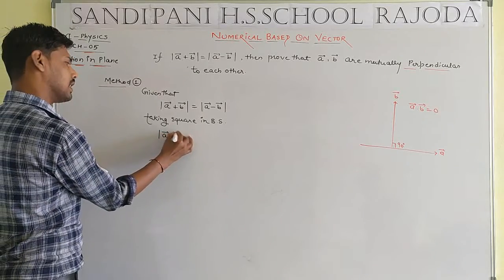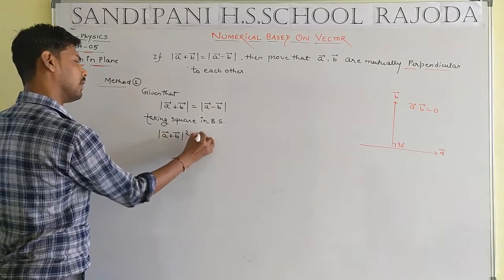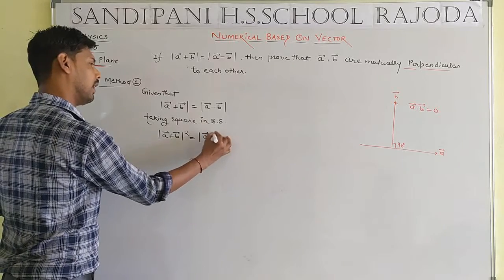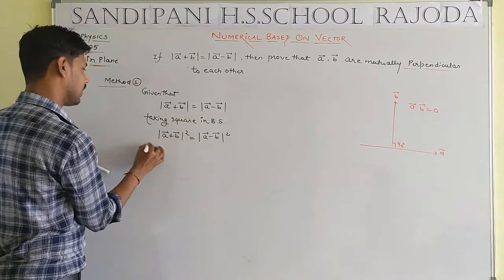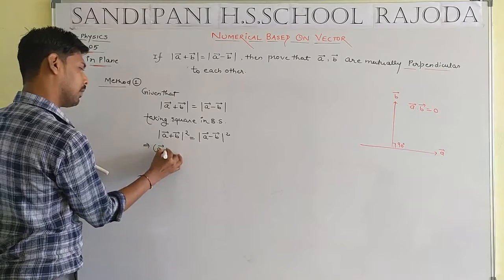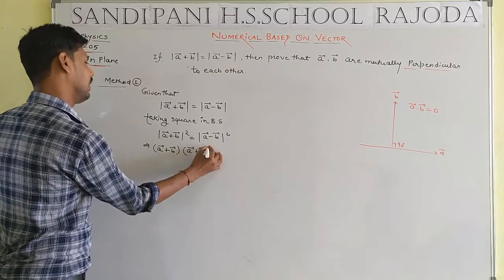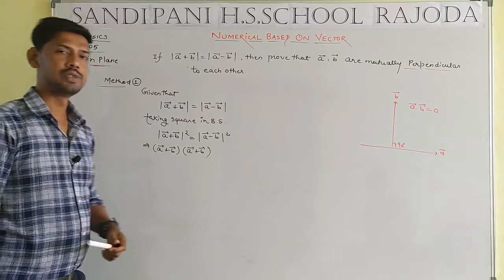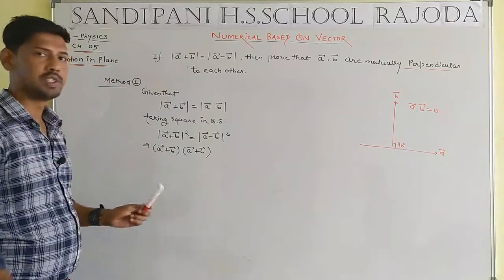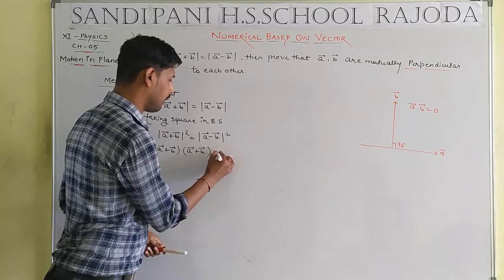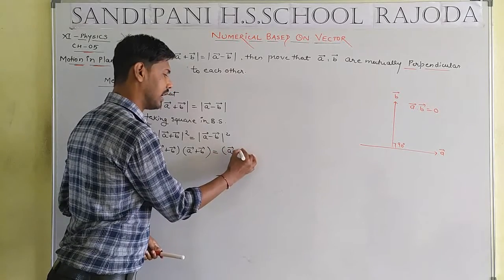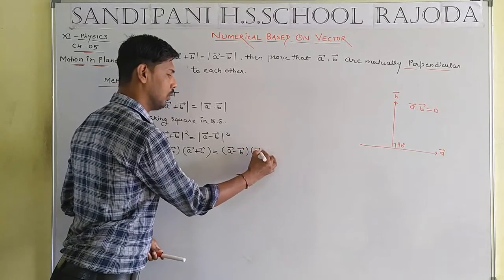A plus b whole square will be equal of a minus b whole square, such that a plus b into a plus b. Student, a plus b whole square, that means we can write a plus b two times. Now a minus b whole square, that means a minus b two times.